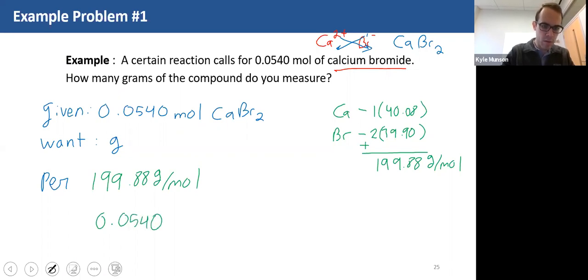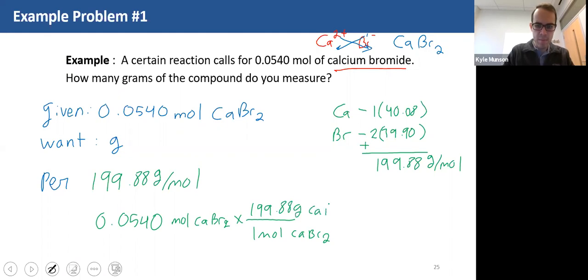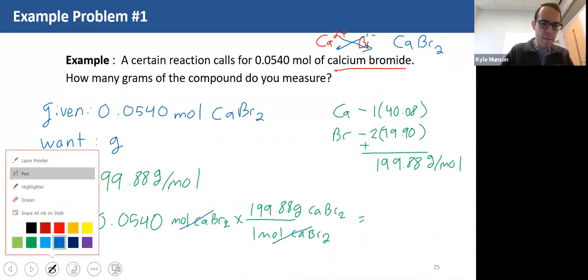All right, so we're just going to write this out then. 0.0540 moles of calcium bromide times, for every 1 mole calcium bromide, there are 199.88 grams calcium bromide. Okay, so units cancel. Moles of calcium bromide cancels with moles of calcium bromide.